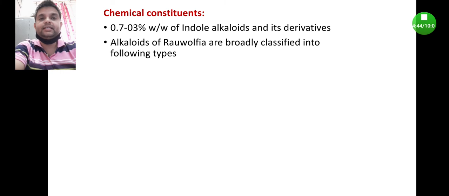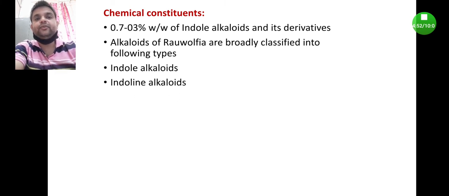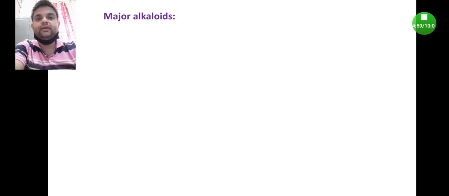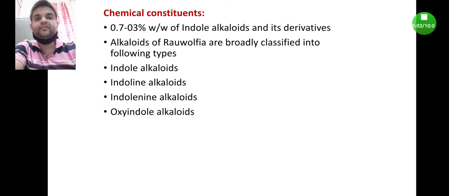Coming to the chemical constituents, as I mentioned earlier, it contains mainly indole alkaloids. It also contains indoline alkaloids, indolenine alkaloids, oxindole alkaloids, and pseudoindoxyl alkaloids. So these are the different types of alkaloids present in Rauwolfia root.